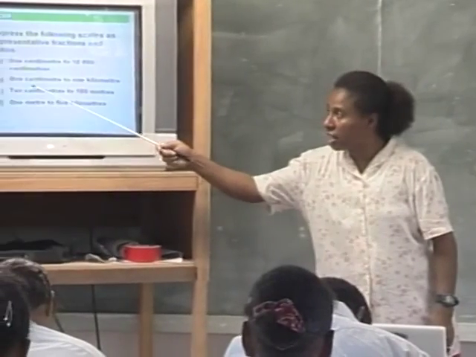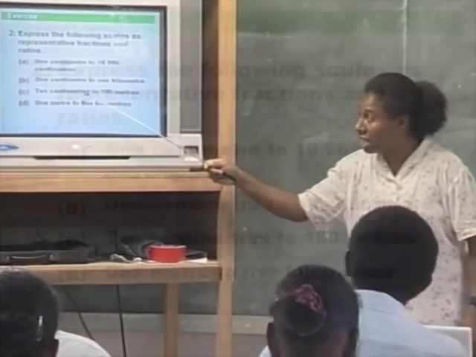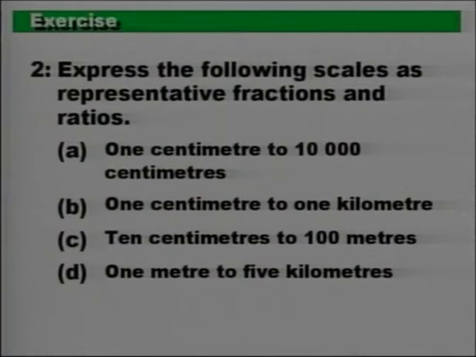The third one, C. If you look at C, the first figure is not 1. It is 10 centimeters to 100 meters. So we've got to change this 10 centimeters so that it becomes 1. And we do the same so that we change the 100 meters to the same unit of measurement that we are going to use when we convert this to 1 centimeter.